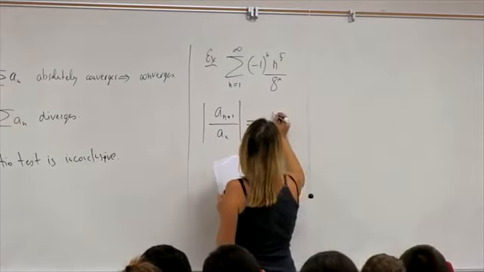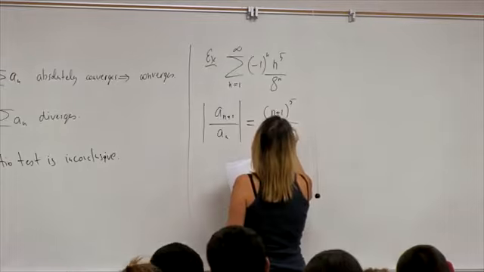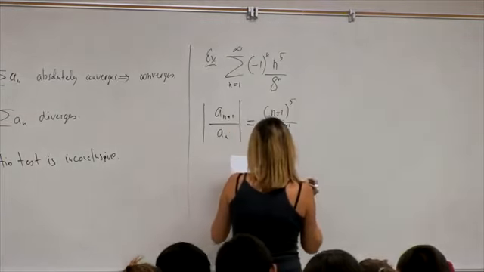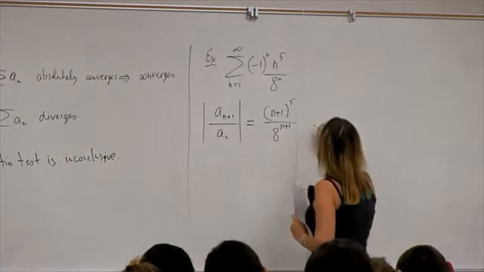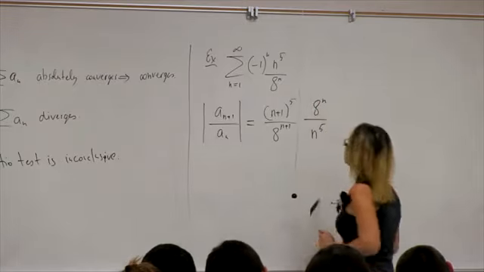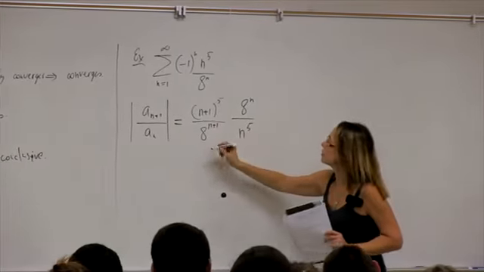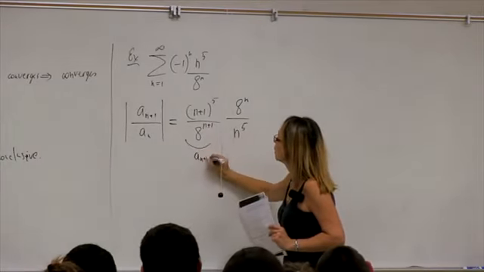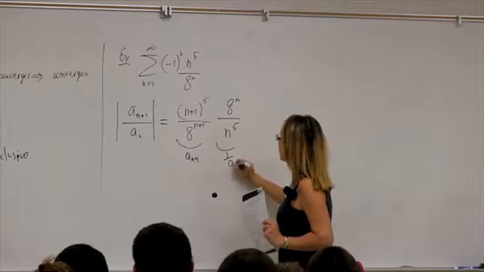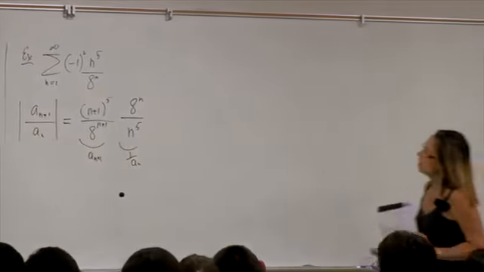So a_{n+1} is (n+1) to the 5 over 8 to the n+1, divided by n to the 5 over 8 to the n. So this is a_{n+1}, and this is 1 over a_n.